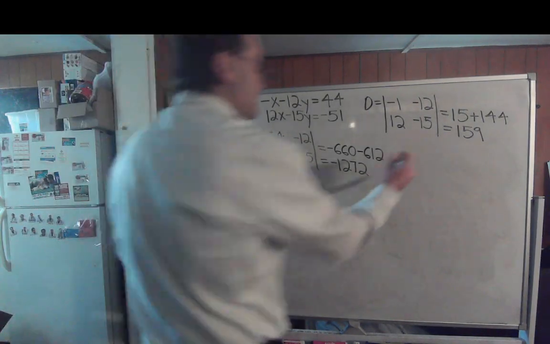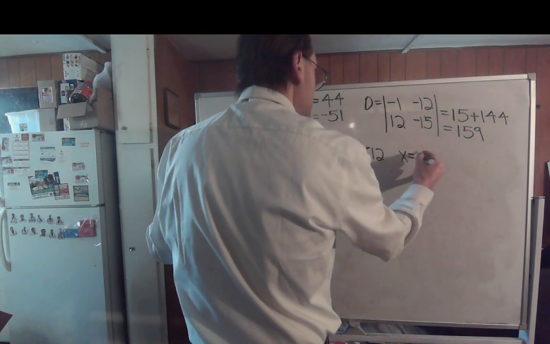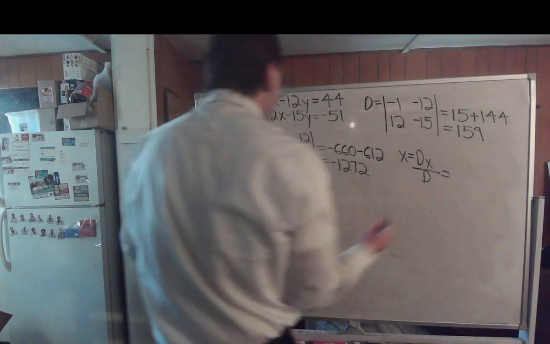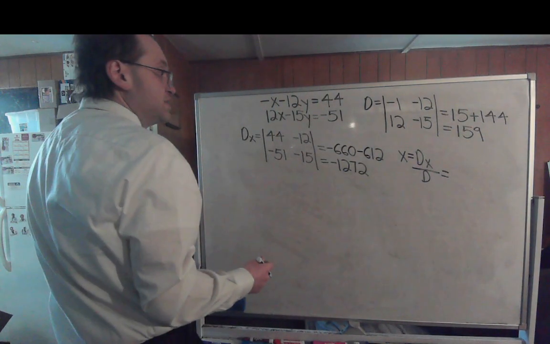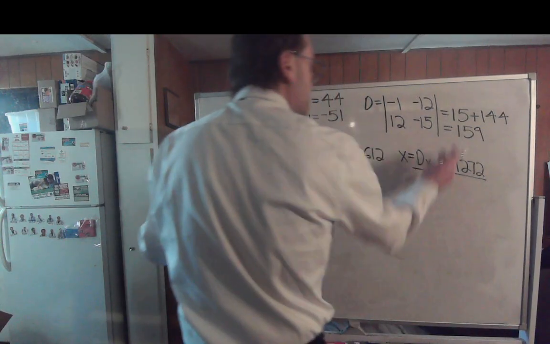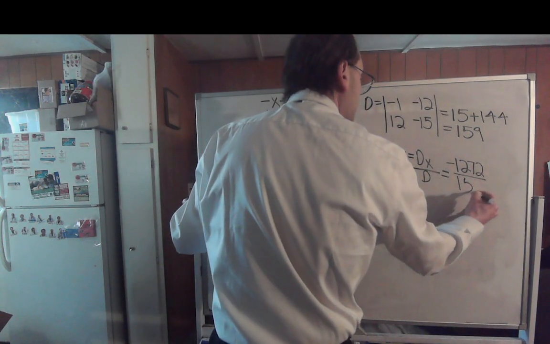Now we can directly find x by taking that d sub x and dividing it by d. Well, d sub x was negative 1272 all over your d, which was 159.